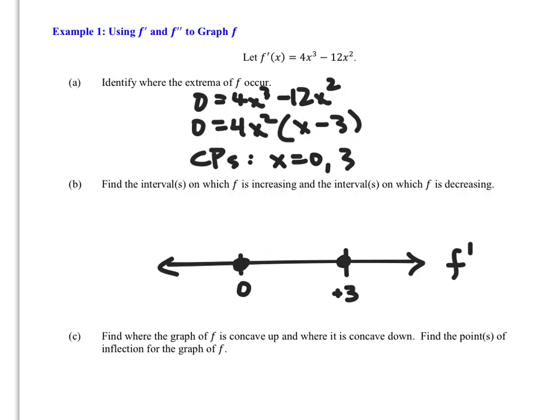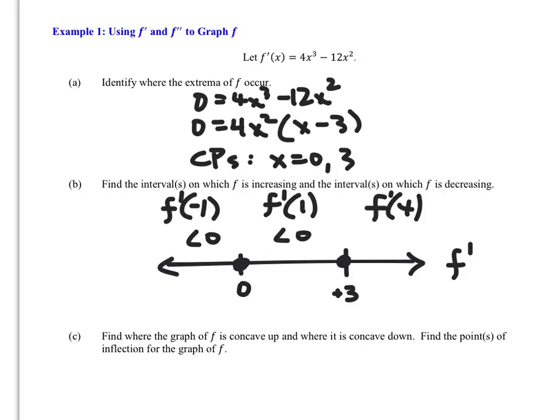I would test f prime at negative 1, f prime at 1, and f prime at 4. Values I would get: this would be less than 0, this would also be less than 0, and this would be greater than 0. So I'd have a decreasing function here and here, and an increasing function here.